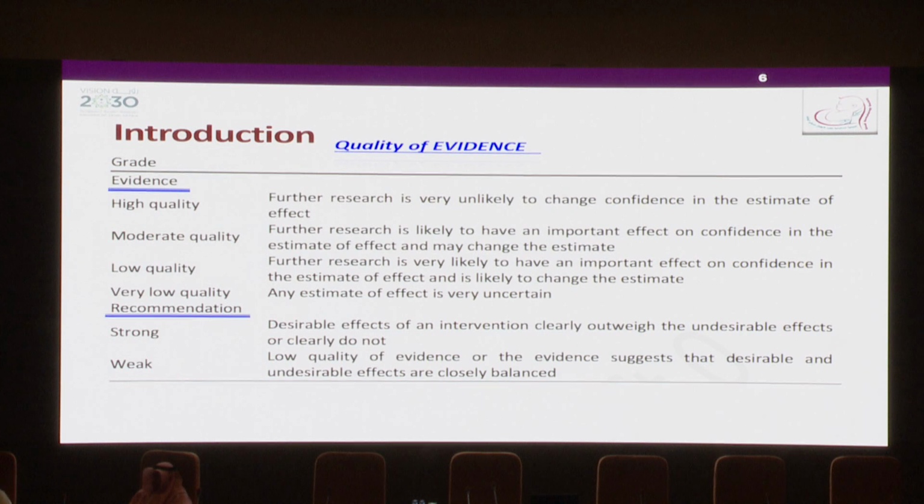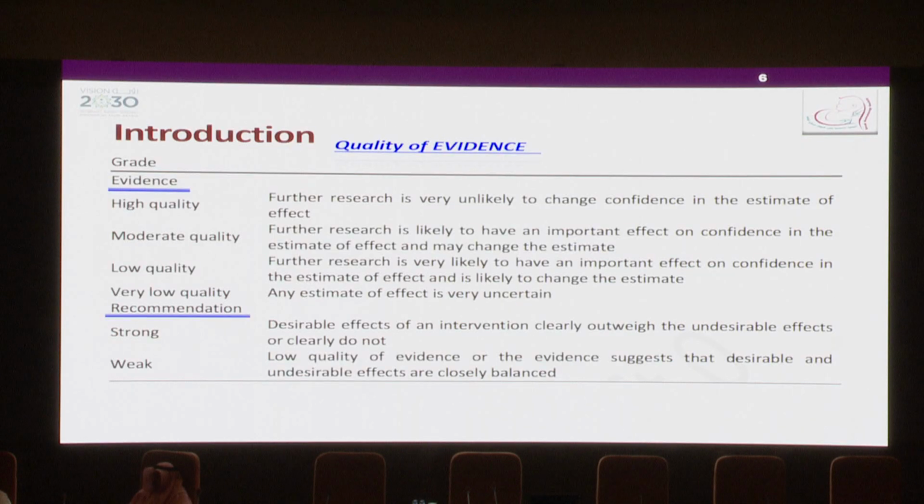I would like to say something about the quality of evidence, because again, this is very important. We know that from institution to institution, from association to association, there are different definitions of the evidence. Some of them use the words must, could be, maybe. Some of them use A, B, C, D, and some of them are using high quality, moderate quality, and low quality.